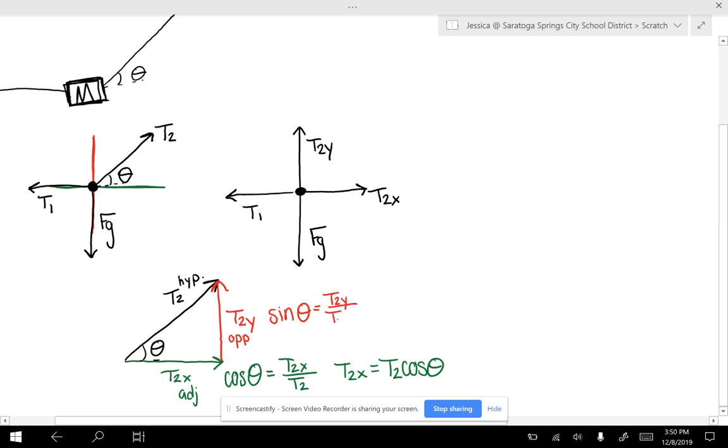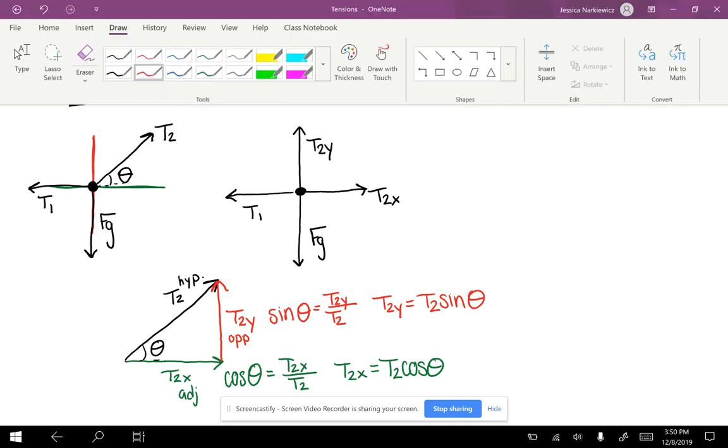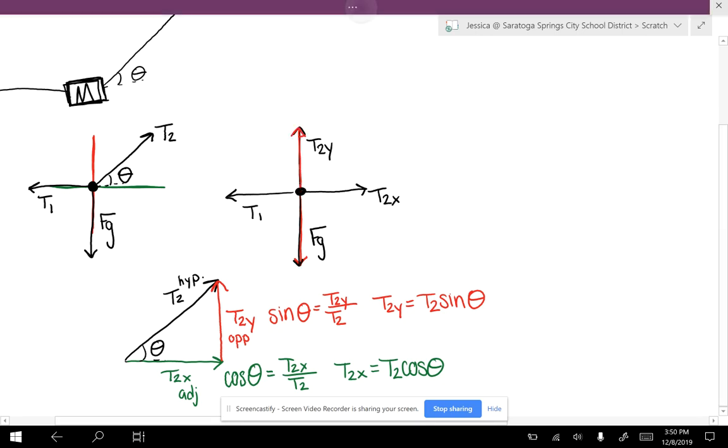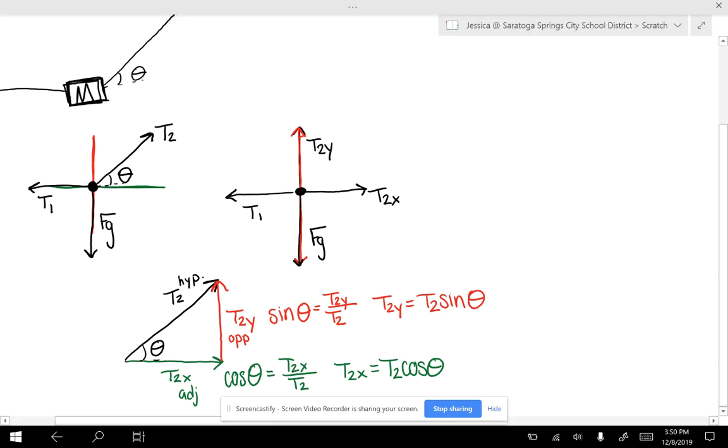T2y over T2, so T2y is T2 times the sine of the angle. Okay. So FG, T1y or T2y are in red, and I'm just color coding to make my equations easier in the long run. And there's that.